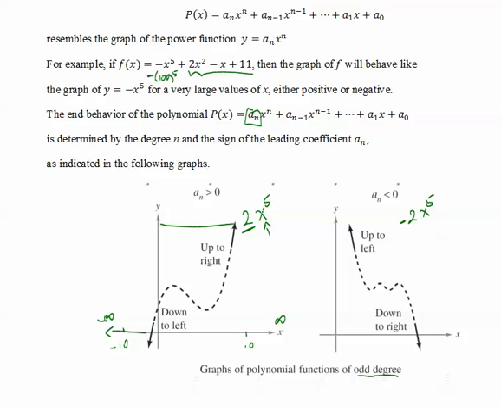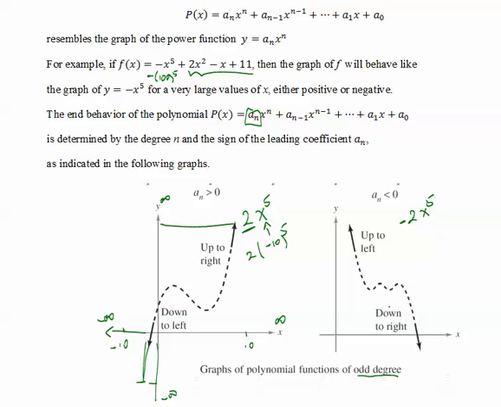But if I plug in x equals negative 10 to the fifth, it's going to be a negative number, and you multiply it by 2, that will still be a negative number. So it's going toward negative infinity here, and positive infinity here as well. And the same in here.